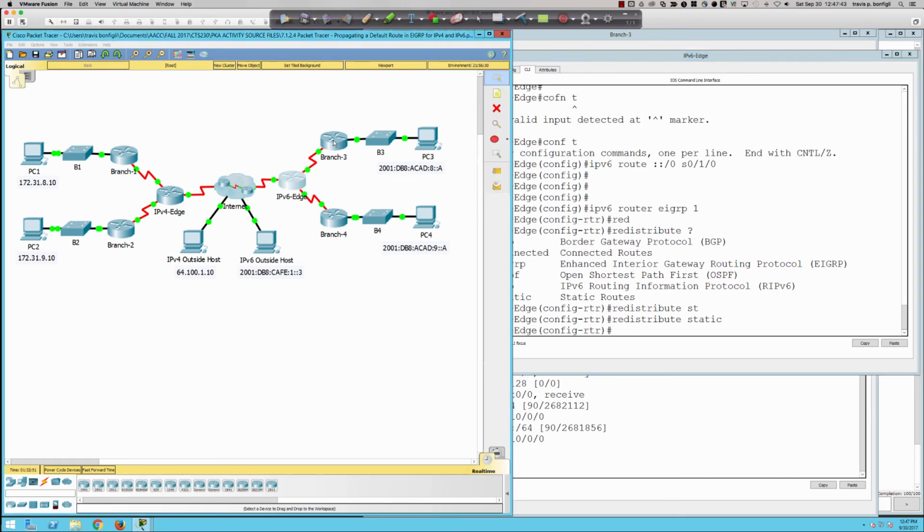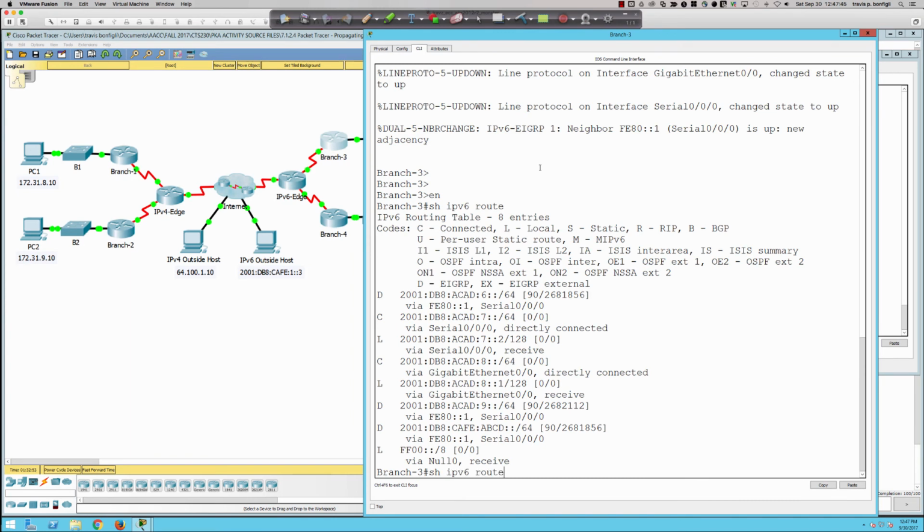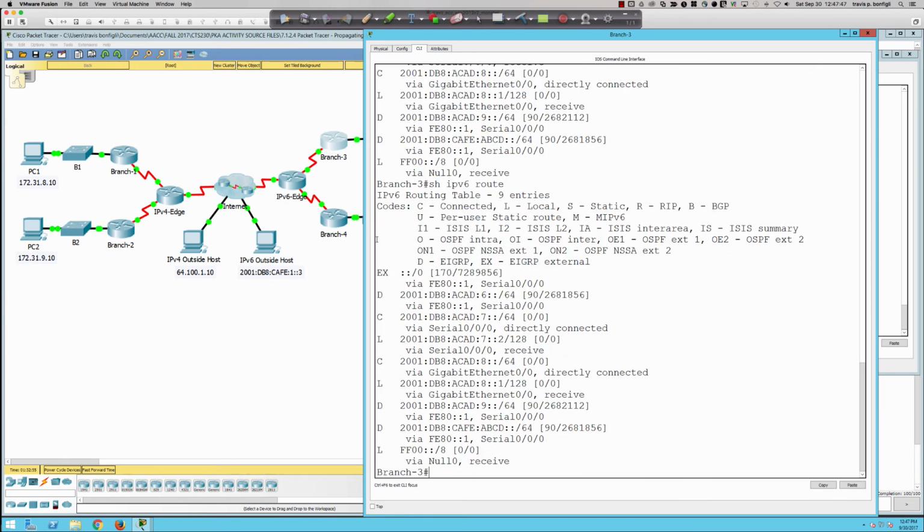So now we come over here. Let's take a quick look at the show IPv6 route, and there it is. Now, visually it's a little different, but EX, right? They took away the D because that was sort of redundant. When you look at the codes, remember, D stood for EIGRP and EX stood for external EIGRP.